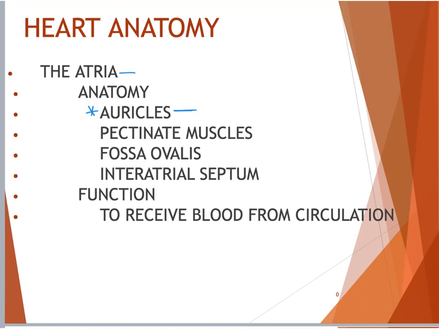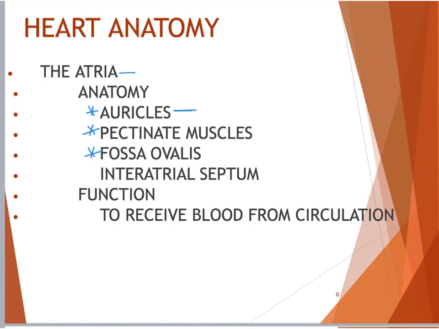Now we believe that these auricles slightly increase the atrial volume. The next thing I want to talk about are the pectinate muscles. The pectinate muscles are the irregular ridges of muscles in the walls of the atria.